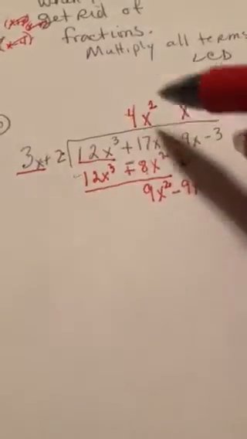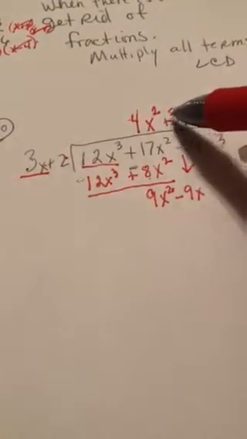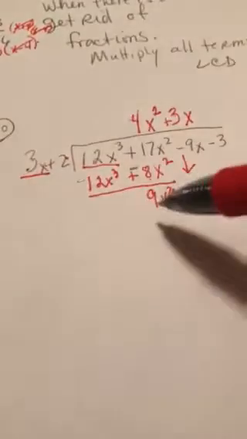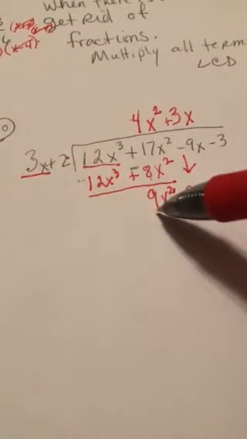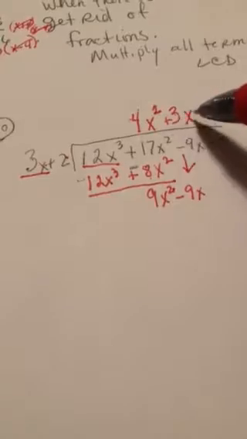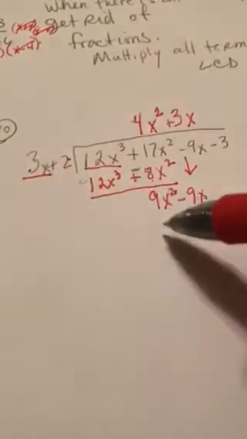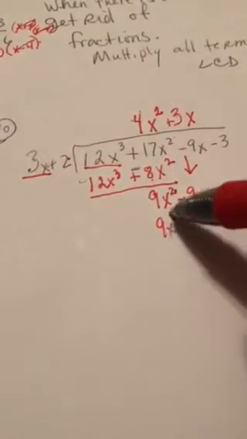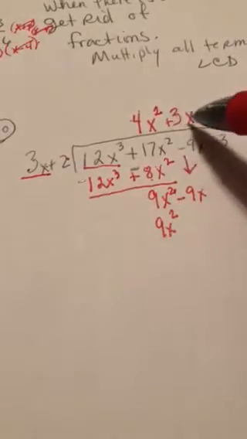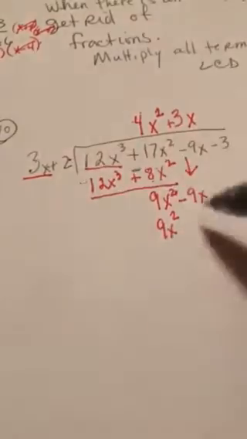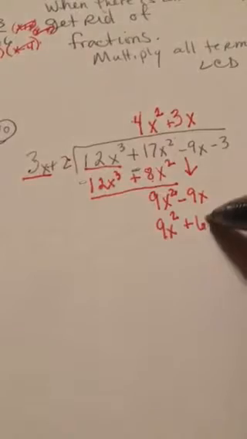And so a positive 3 times a positive 3 will give me a positive 9. And sure enough, 3x times 3x is 9x squared. And 3x times positive 2 is positive 6x.